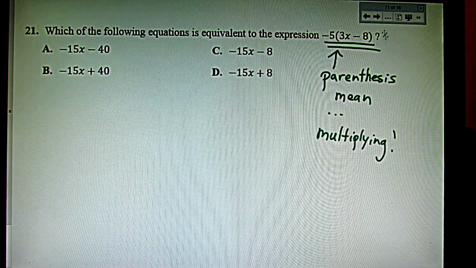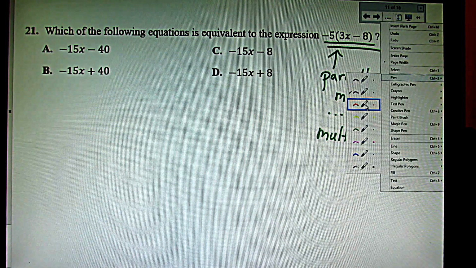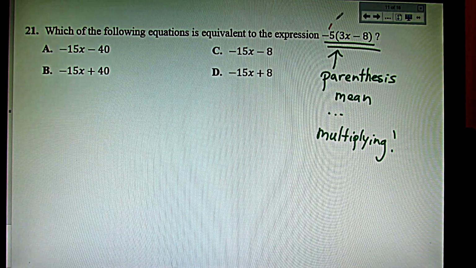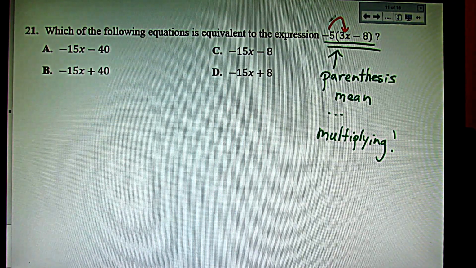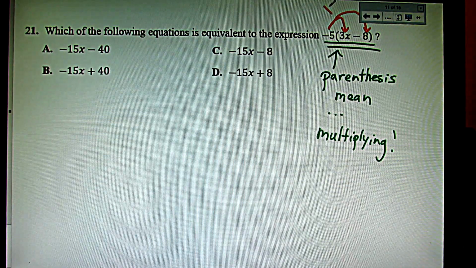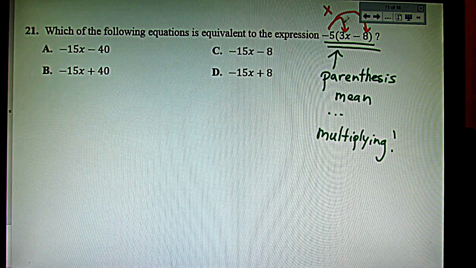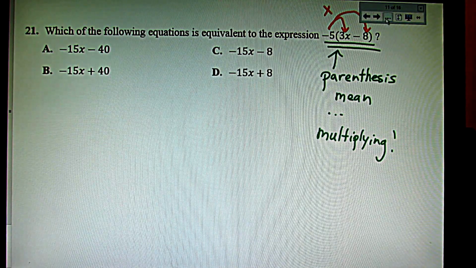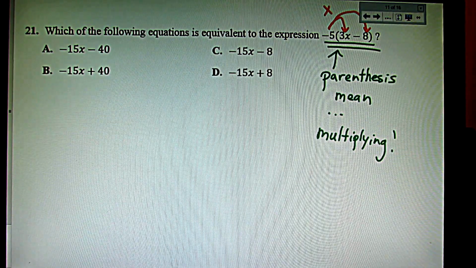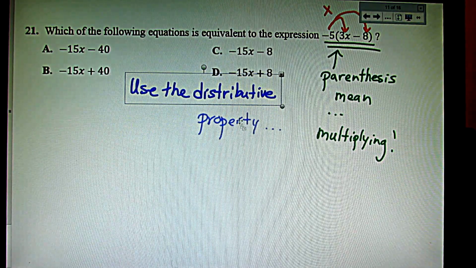And this is one of our properties. You remember what it is? The distributive property. Distribute means give out. When I am giving out, I am using the operation of multiplying. Negative 5 times 3x. Negative 5 times negative 8. So I'm using my distributive property. Here it is, my distributive property.